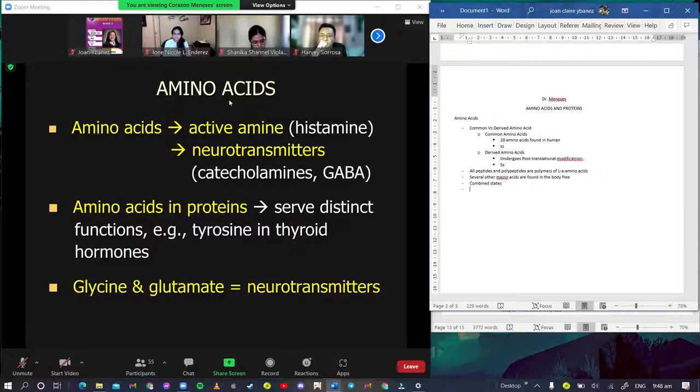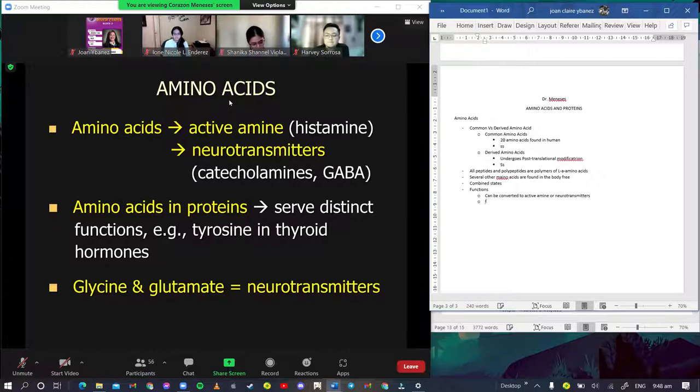So other functions of amino acids are that they can be converted into amines or neurotransmitters. Then they are definitely found in your protein. An example given here is your thyroid hormones.